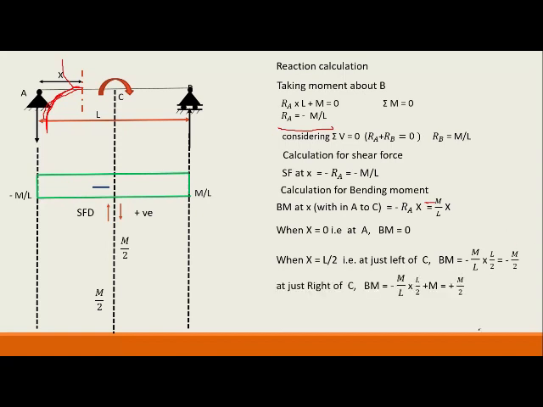Just right of the section, the M will be added: minus M by L into L by 2 plus M, this concentrated moment, the value of which is M. It will be seen that the value is coming as plus M by 2. So you will see at L it is again coming as 0.